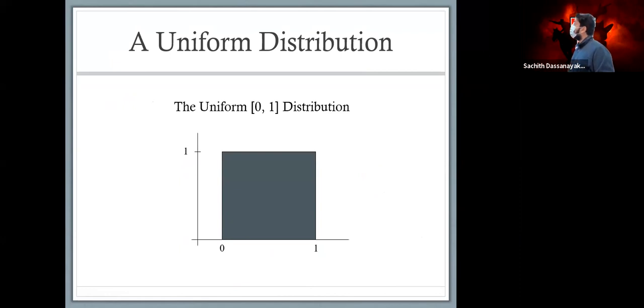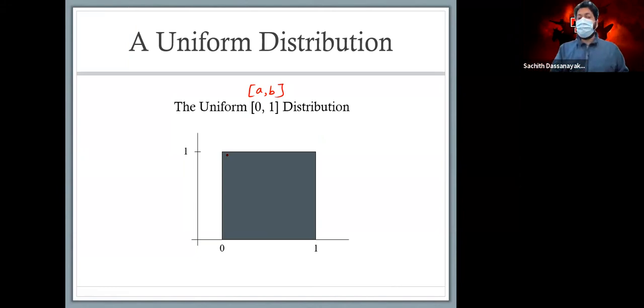The easiest continuous random variable distribution is the uniform distribution. You can define a uniform distribution within any interval. Here it is 0 and 1, but you can define it with A and B. The general way we define a uniform distribution is A comma B. A and B are values, which can be an integer or a continuous value, 4.5, 5.6, whatever, but within a range.